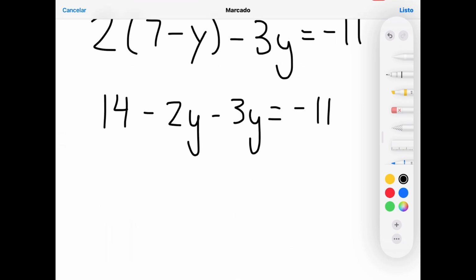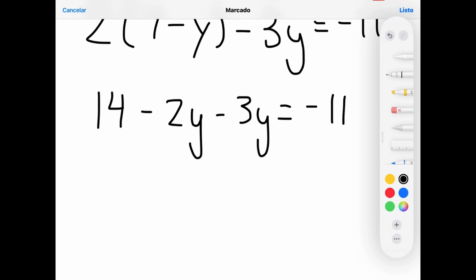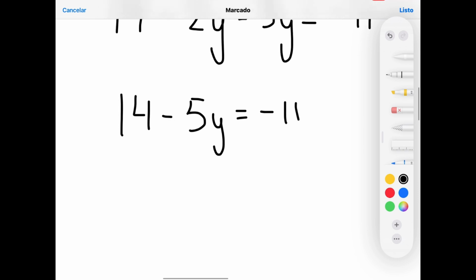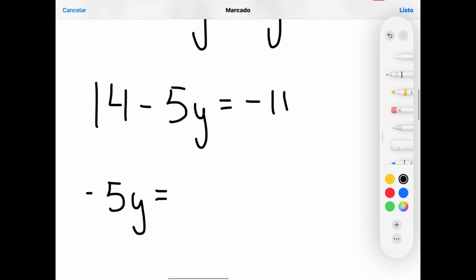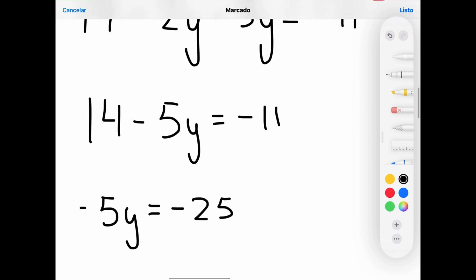We continue to simplify, so we can combine the y terms into minus 5y equals minus 11 minus 14. Now we pass the 14 to the other side, subtracted, and it's minus 5y equals minus 25.